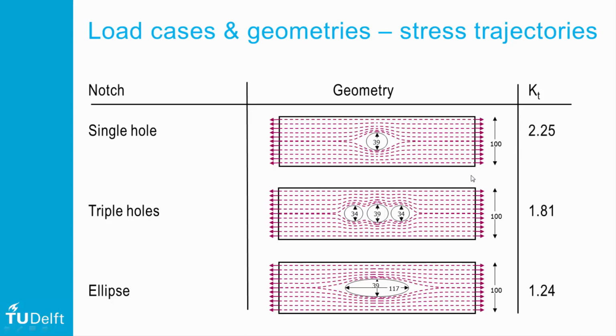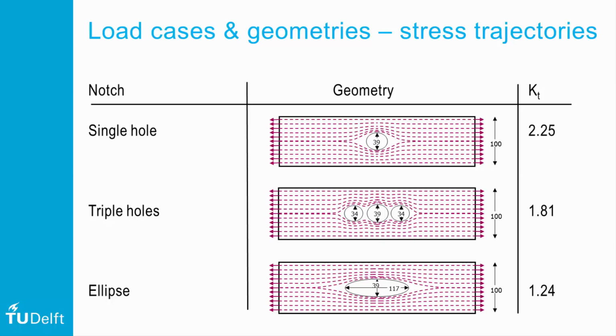If we add holes with a smaller diameter on both sides of that notch, we effectively reduce the stress concentration factor to 1.8. Obviously, if we replace those three holes by an ellipse with a long axis equivalent to the distance between those holes, then the stress concentration factor is further reduced. Here the stress trajectories are illustrated because the key thing is that we should identify that the stress concentration factor effectively describes how condensed the stresses locally are at the notch root.